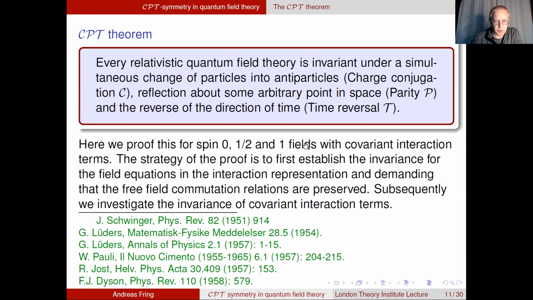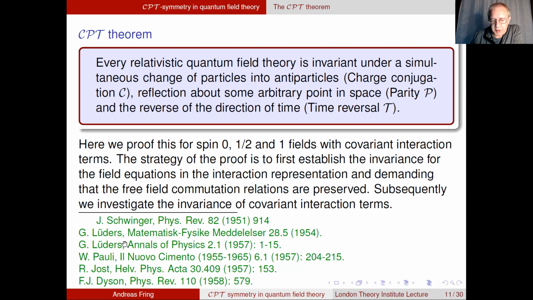So it traces back to the 1950s. So lots of people were interested in this symmetry at the time. And the first time, I think this is generally agreed on, the symmetry appears implicitly, not spelled out too much, in a paper by Julian Schwinger in '51.